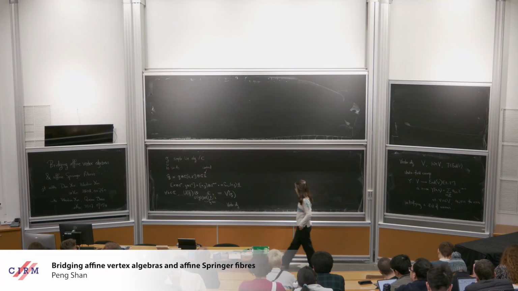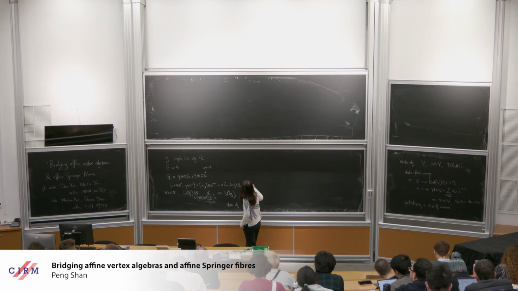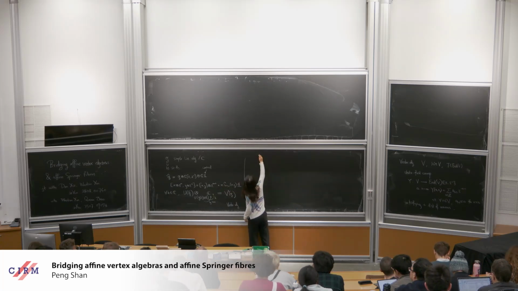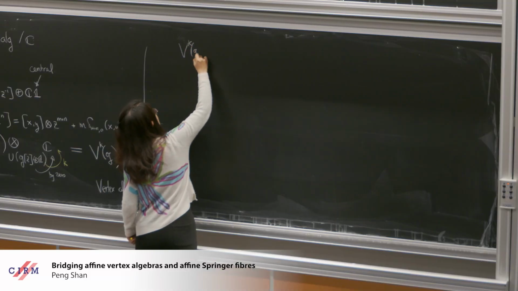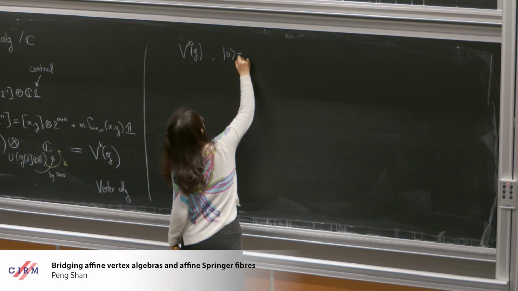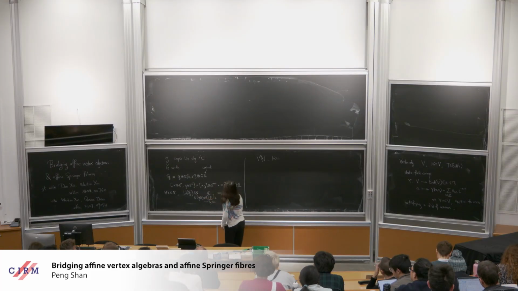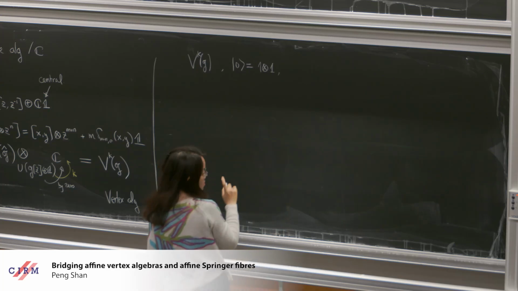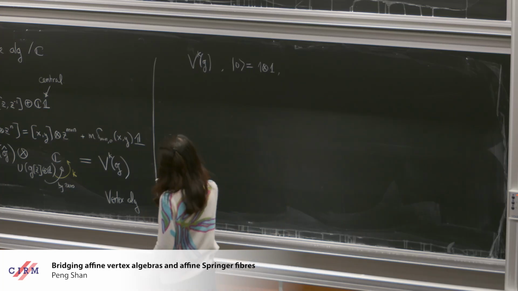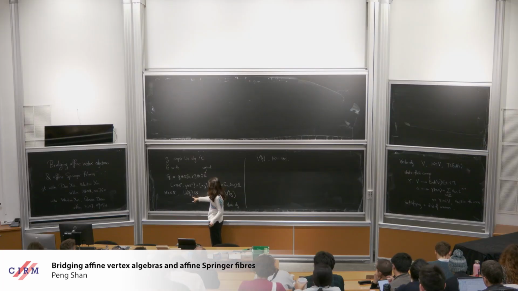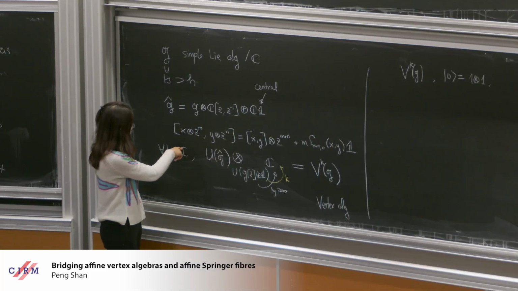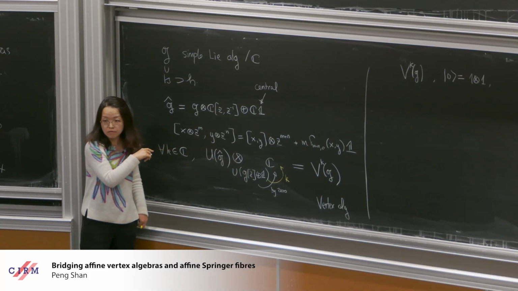Maybe I'll just say for V_k(g), the vacuum is just the vector 1 tensor 1. Then the state-field correspondence is determined by how you send things. By the PBW theorem, this has a basis formed by monomials of the form x tensor z^(-1).